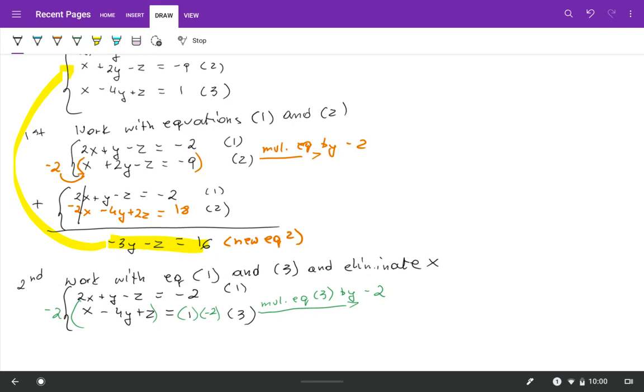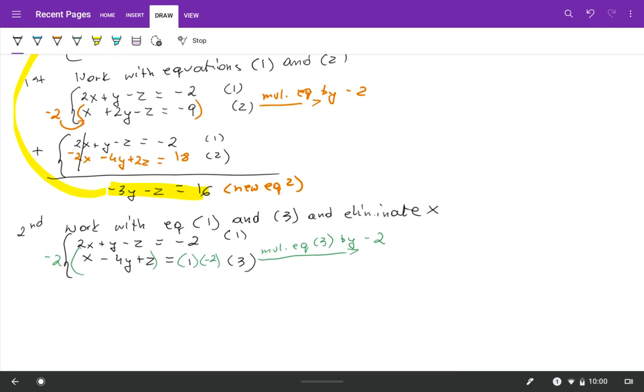So now equation 1, copy without change: 2x plus y minus z equal negative 2. And then equation 3 will become negative 2x plus 8y minus 2z equal 1 times negative 2, which is negative 2. So we have equation 1, this is equation 3.